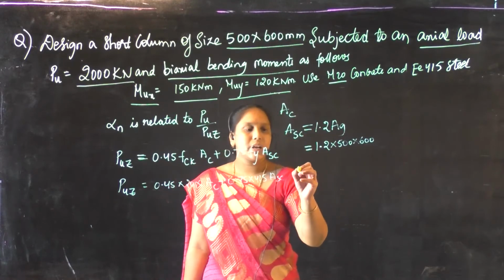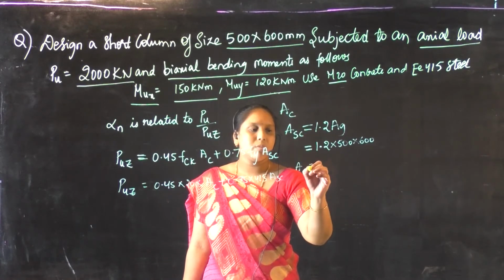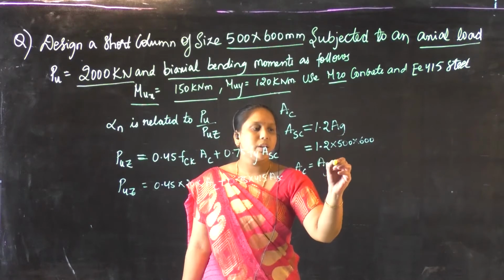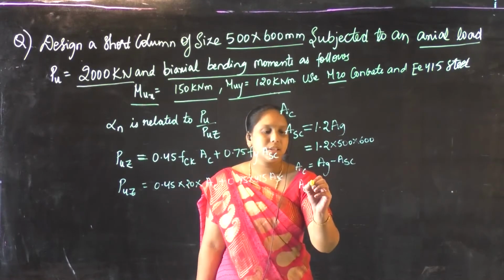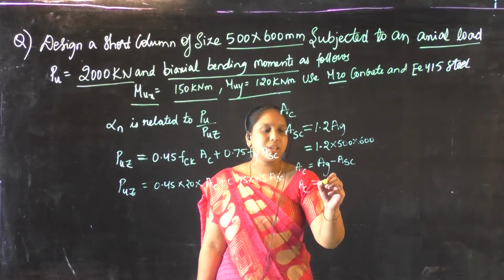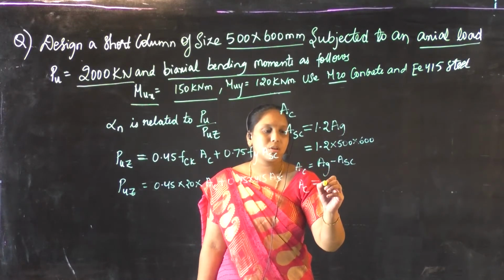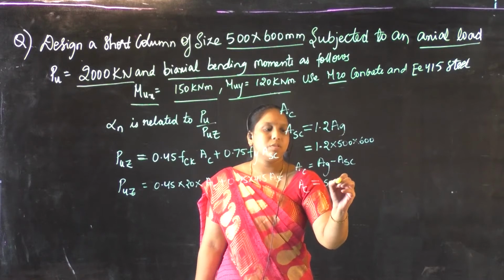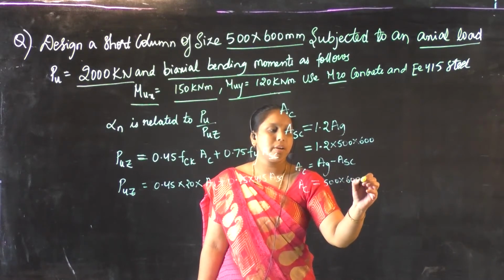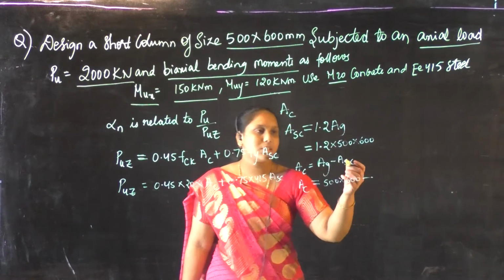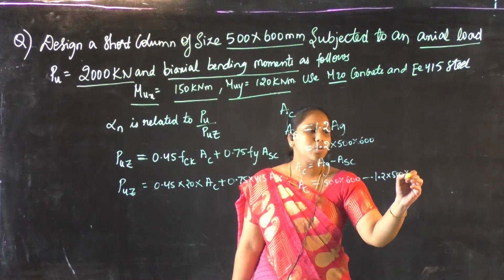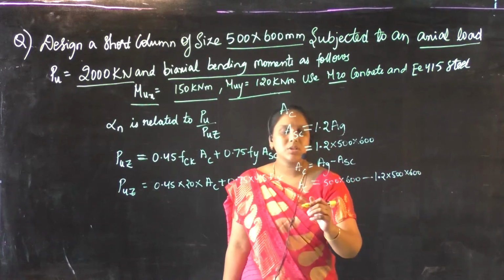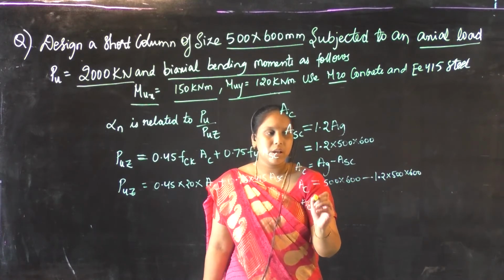So how can we calculate AC? AC will be AG minus ASC. So AC is equal to, AG is the gross cross-sectional area of the column, which is 500 into 600 minus ASC. ASC is 1.2% of 500 into 600. So from this you will get the value of AC.